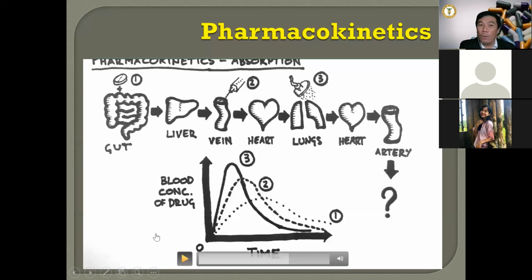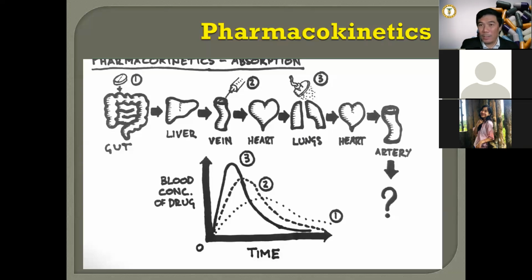Now, one drug is being administered to the patient. It just so happens there are different routes of administration. The same doses are being considered from oral, intravenous, and via inhalation. Now, the difference is that there are some drugs that may not be given on any of these routes because of the risk of toxicity.